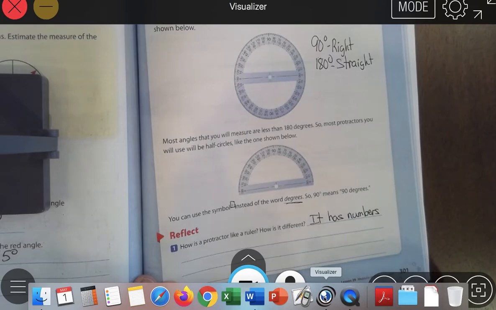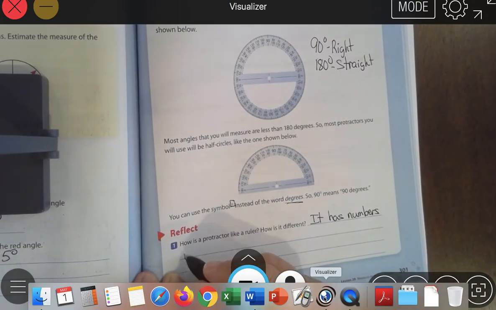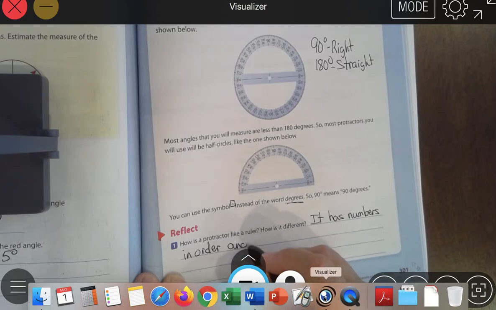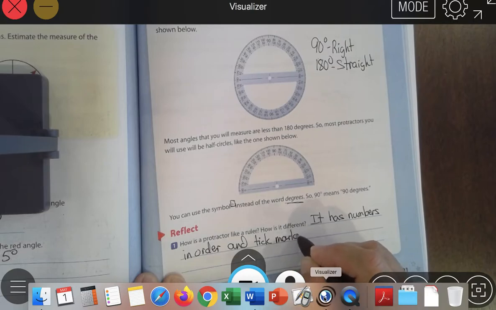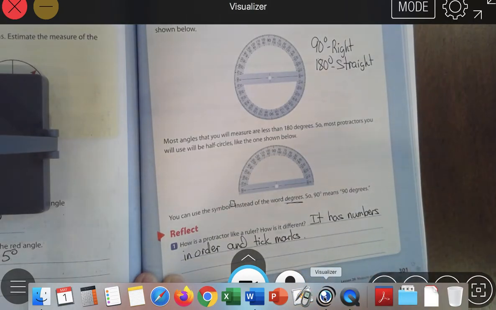Has numbers in order, and tick marks. And how are they different?